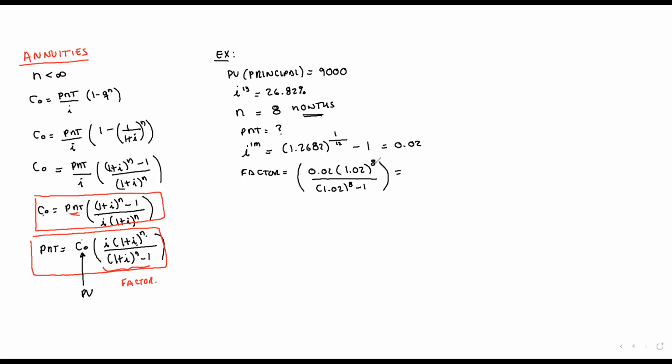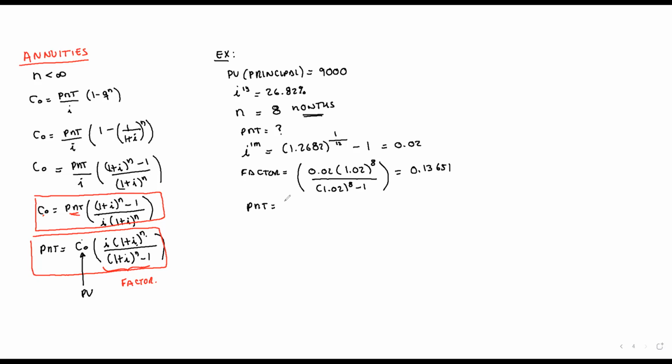If you do this, I get a factor of 0.13651.